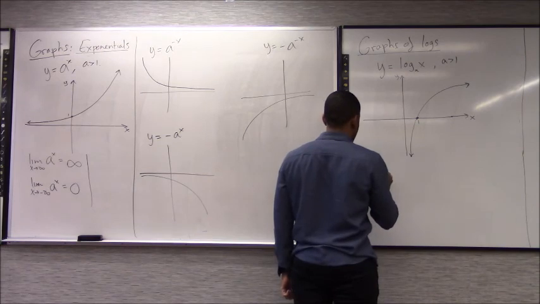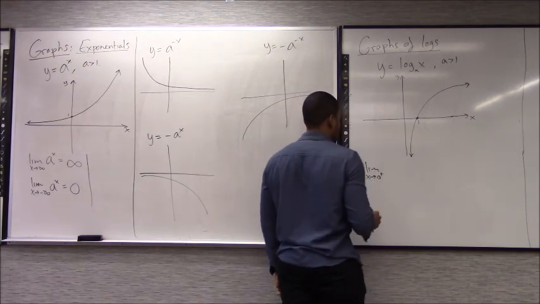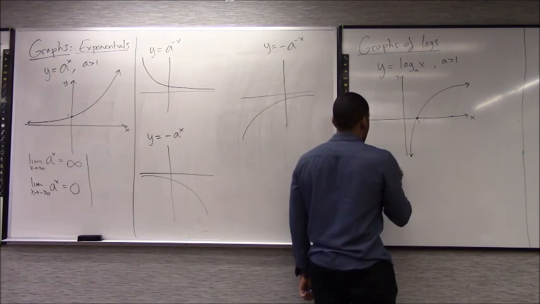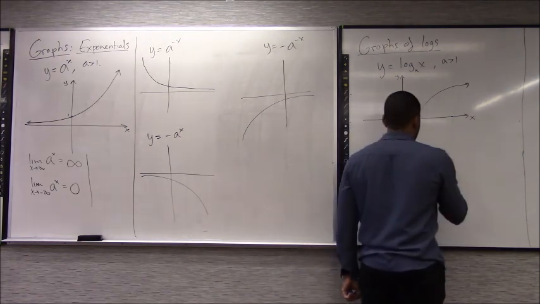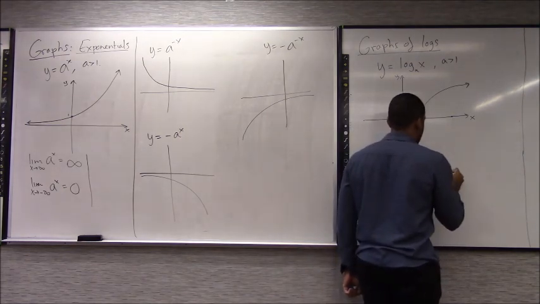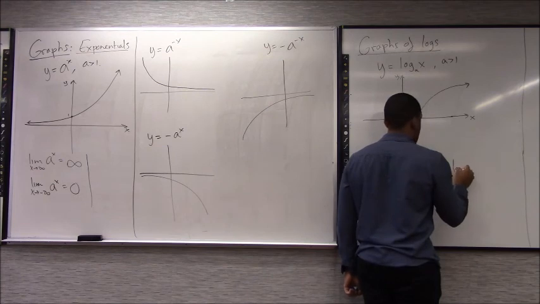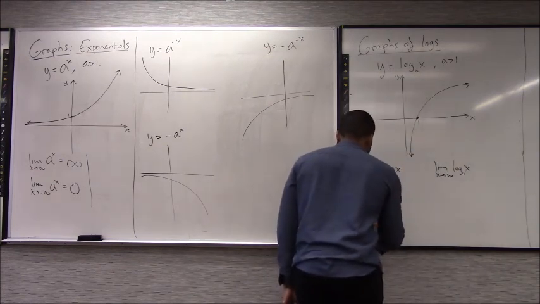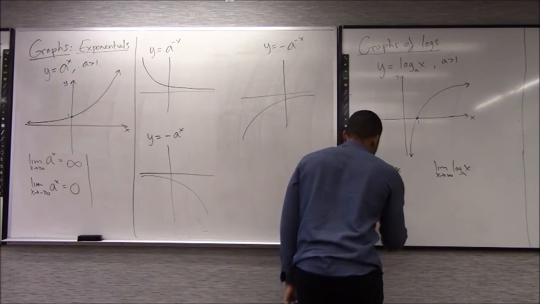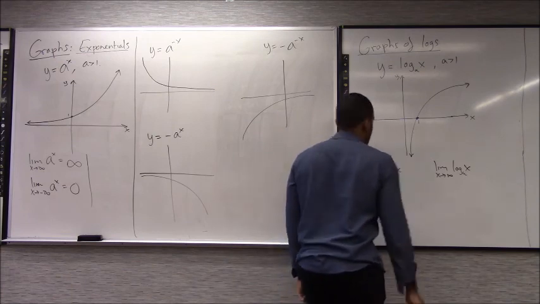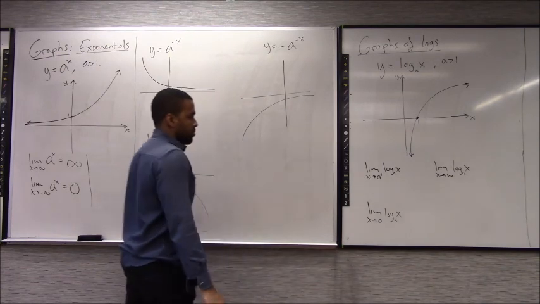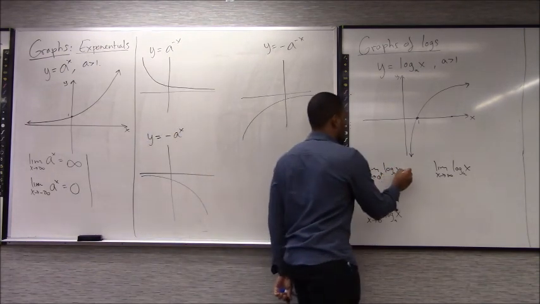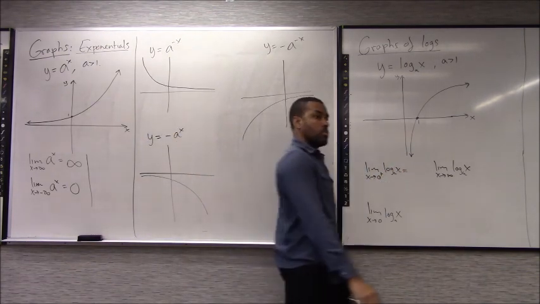So again, we can talk about limits here. What's the limit as x approaches 0 from the right? Negative infinity.